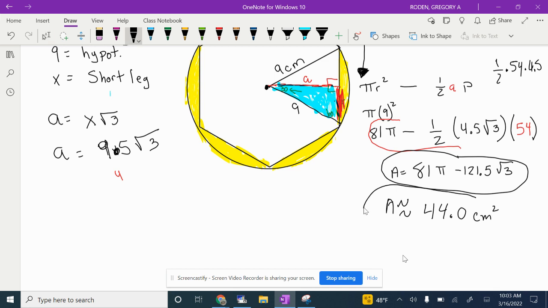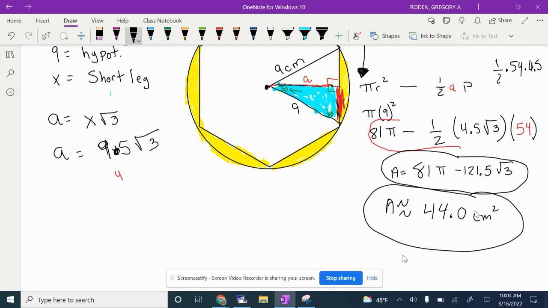We're all agreeing about 44, right? Good. So a good strategy, a more accurate answer, always leaves square roots and pi until the very last minute. You don't want to put 3.14 in here because you won't get as accurate an answer, especially if you round to more numbers to the right of the decimal.